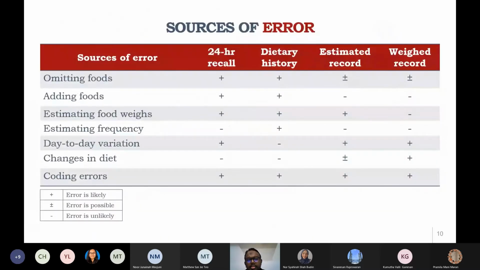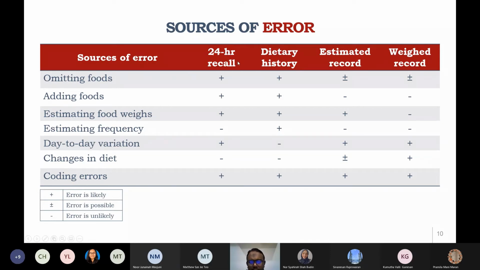So this slide summarizes the sources of error for 4 types of dietary assessment method. Before that, plus means error is likely. Negative means error is unlikely, and then you can also see there are some with plus minus sign, which means that the error is possible.